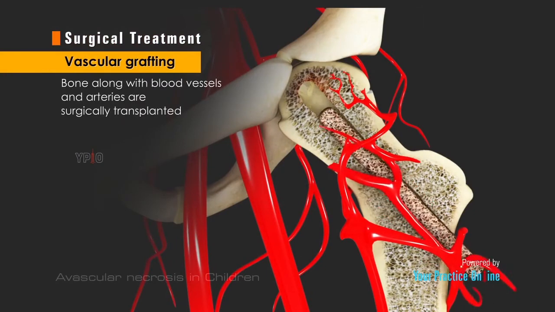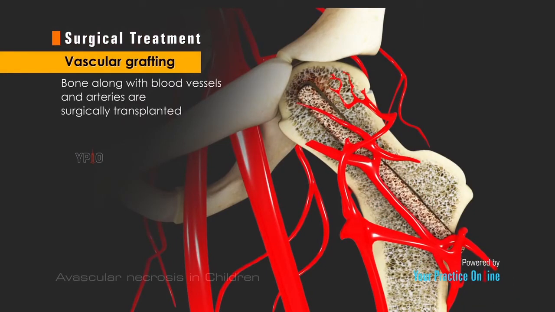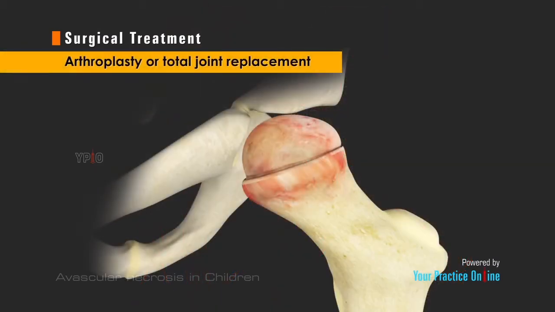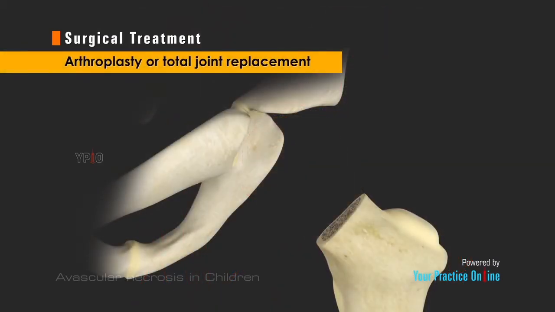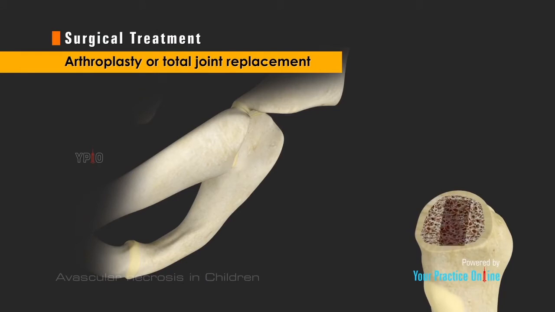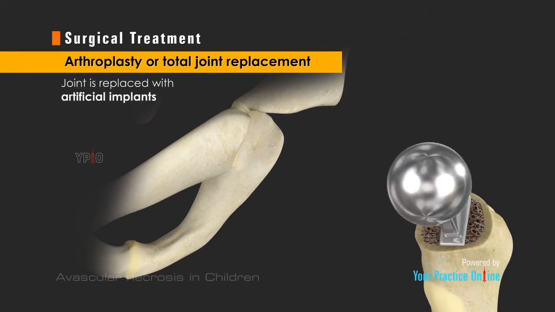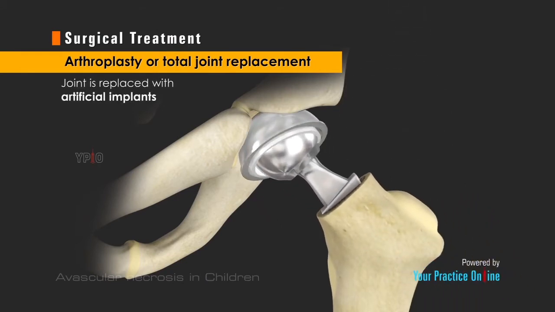Bone, along with blood vessels and arteries, are surgically transplanted to the affected bone, providing an immediate blood supply to the area. Arthroplasty, or total joint replacement. This procedure is performed only when all other treatments are unsuccessful and when the joint is completely destroyed. The joint is replaced with artificial implants.